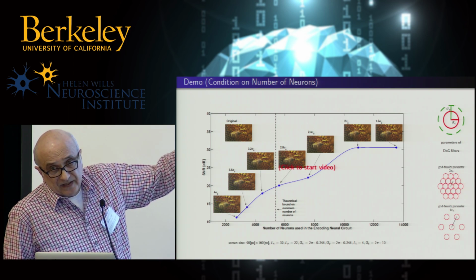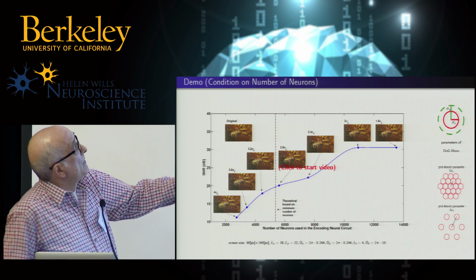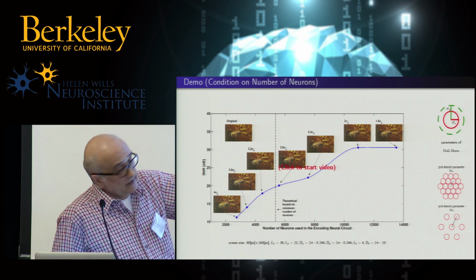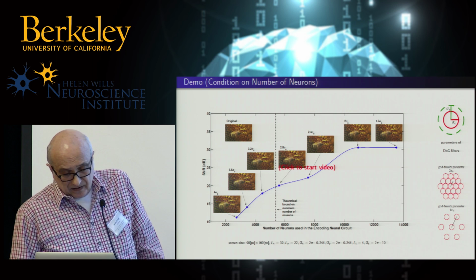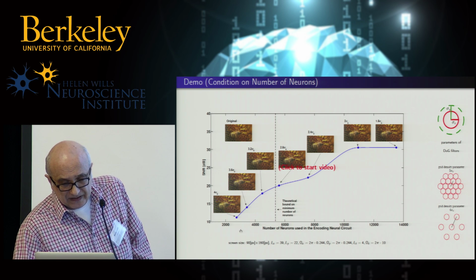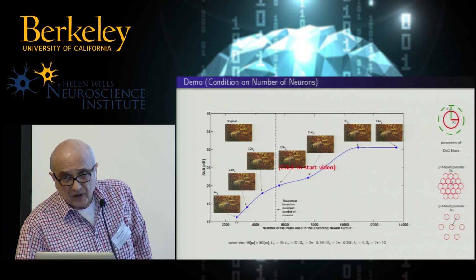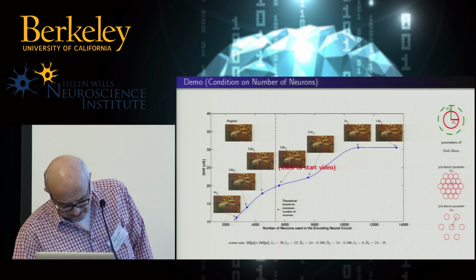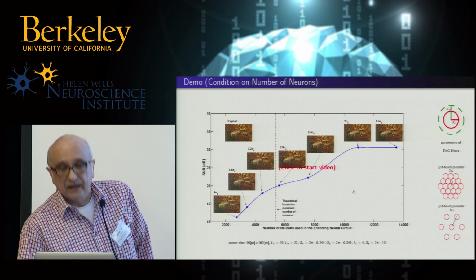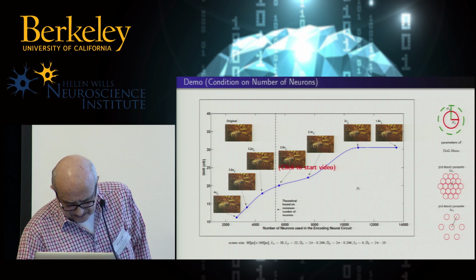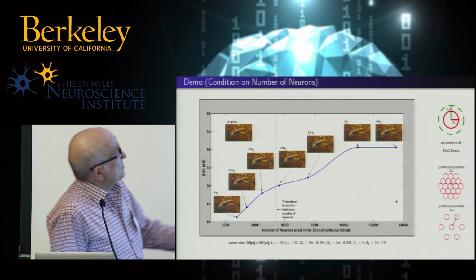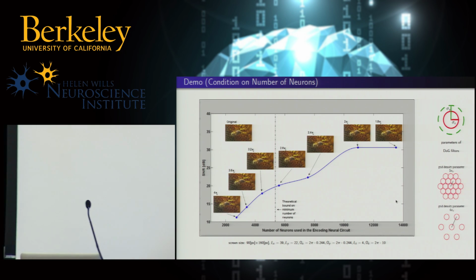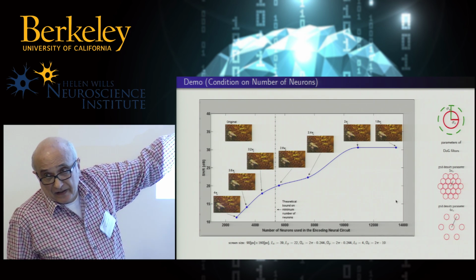The screen size here is much smaller than what we had before. It's 90 by 160 pixels. The original is here. And what we did here is we used encoders with, let's say, 30,000 neurons, 40,000 neurons, et cetera, et cetera. And now you can see what the difference is. Obviously here, the quality is much lower, and it's given in SNR.